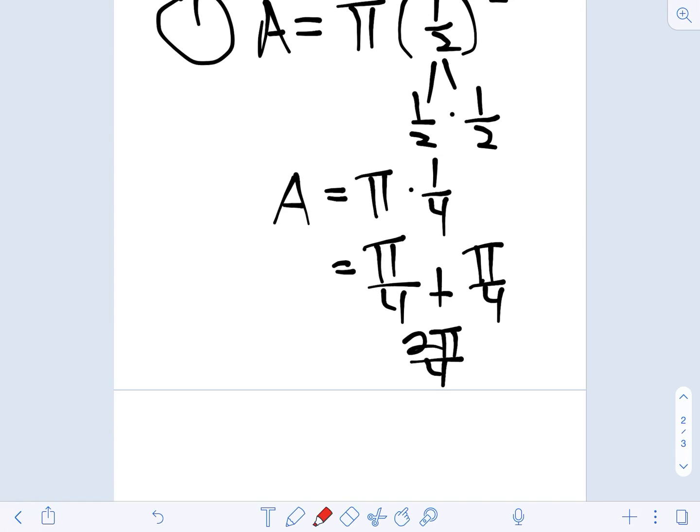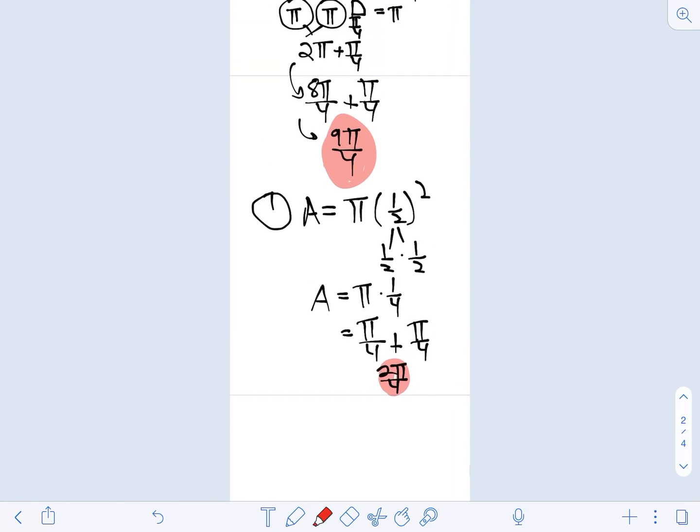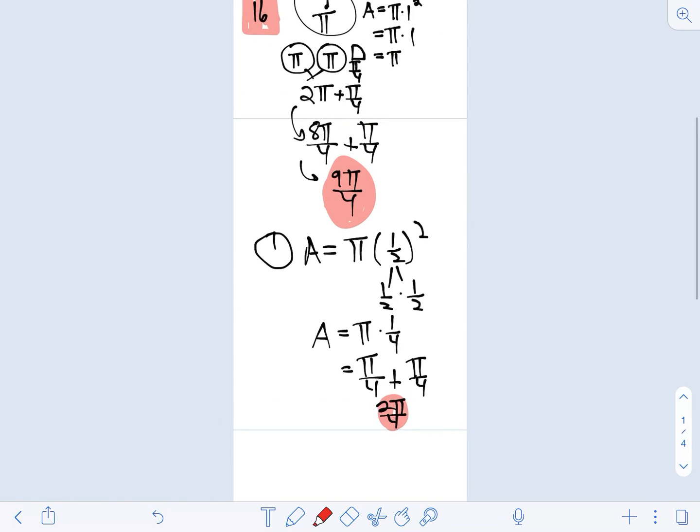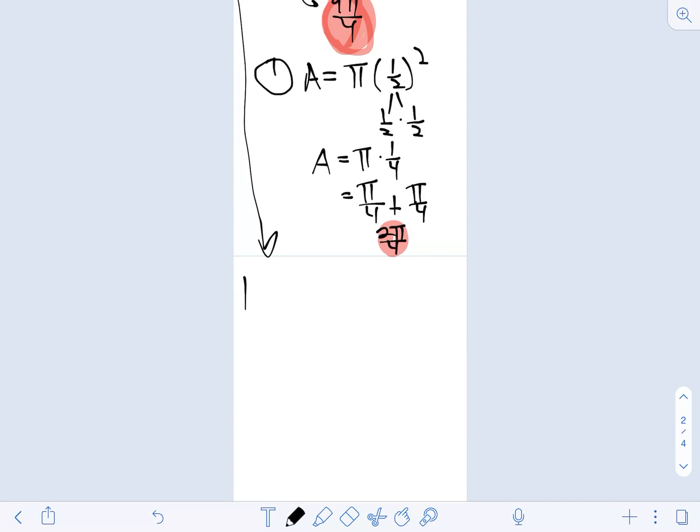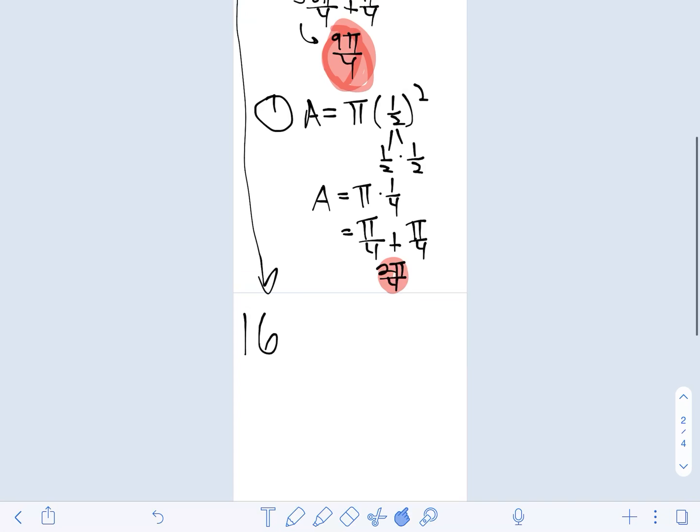Now, don't reduce this yet, because look, this is 2 pi over 4, and then the other big circles are 9 pi over 4, and the big thing is 16. So let's recap what we're doing with these. We know the big area is 16. We know the 2 and 1/4 circles need to be subtracted, and that's 9 pi over 4.